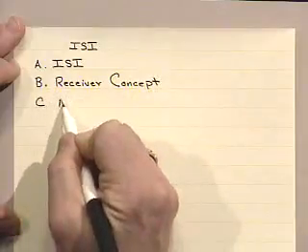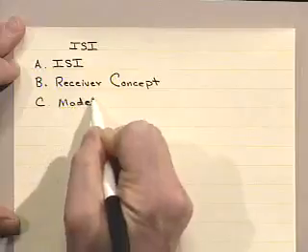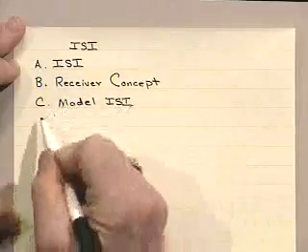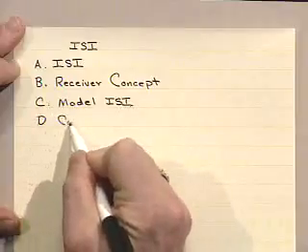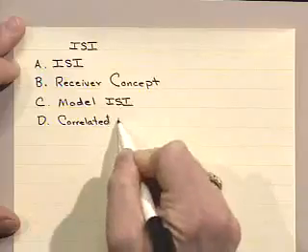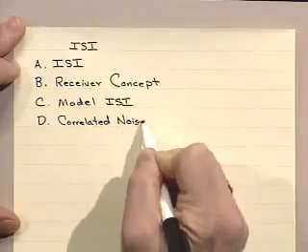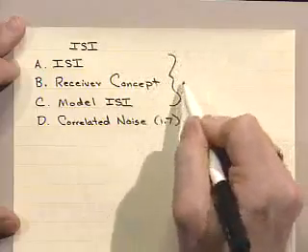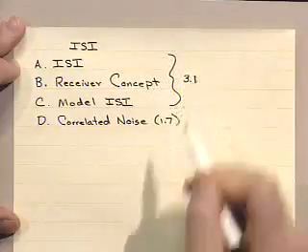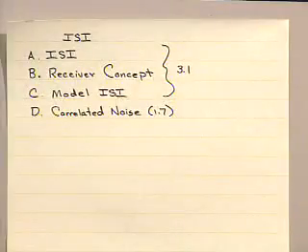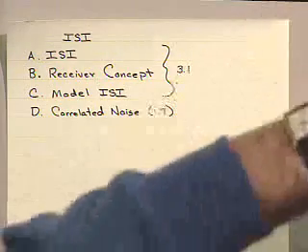We're going to try to model intersymbol interference, ISI again, and we're going to go back and pick up, as we do this, correlated noise, which was section 1.7 in chapter 1, and these are all in 3.1 of the course syllabus and the class textbook. Okay, so let's talk about ISI.